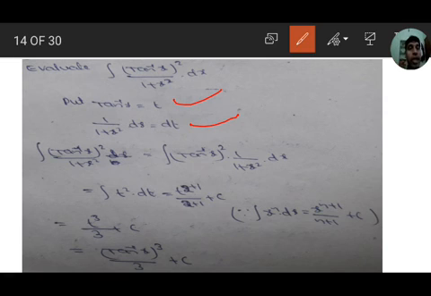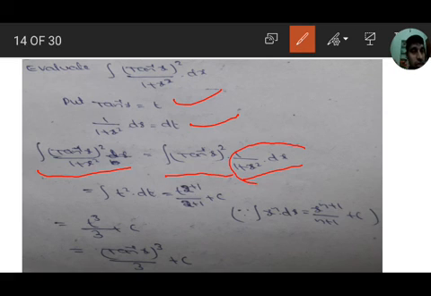So integration of tan inverse x whole square by 1 plus x square dx equal to integration of tan inverse x whole square into 1 by 1 plus x square dx. This 1 by 1 plus x square dx equal to dt, substitution, and tan inverse x whole square means t square, integration t square dt.